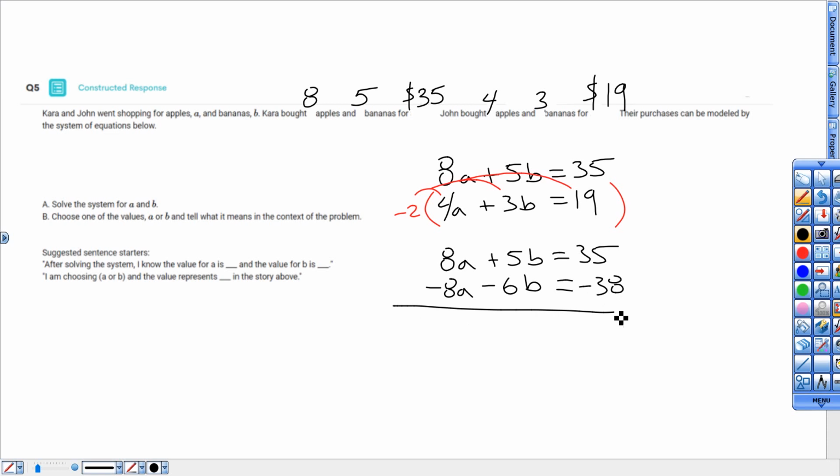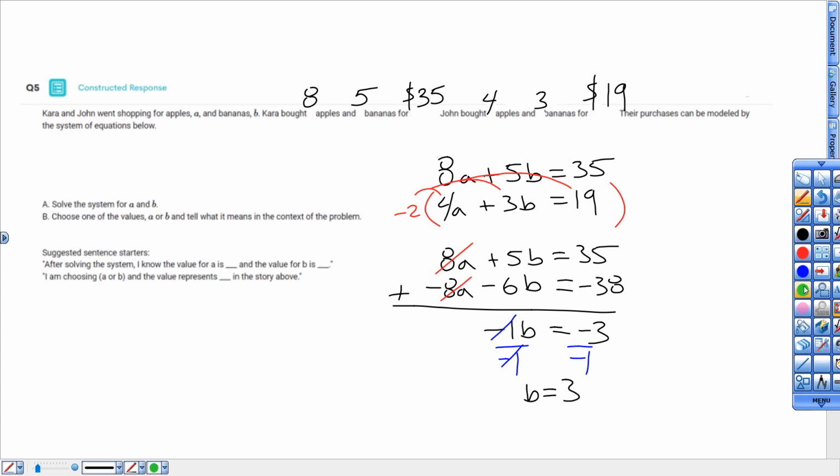Gonna combine those because these are opposites. This gives me negative 1b. This gives me negative 3. And then when I divide by negative 1, that gives me b equals 3.